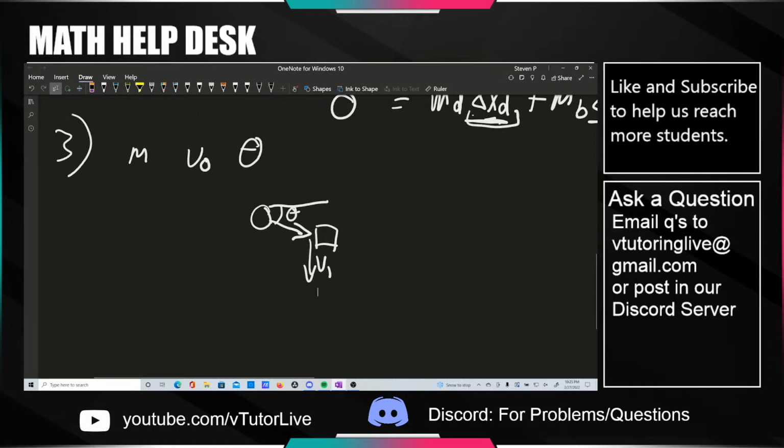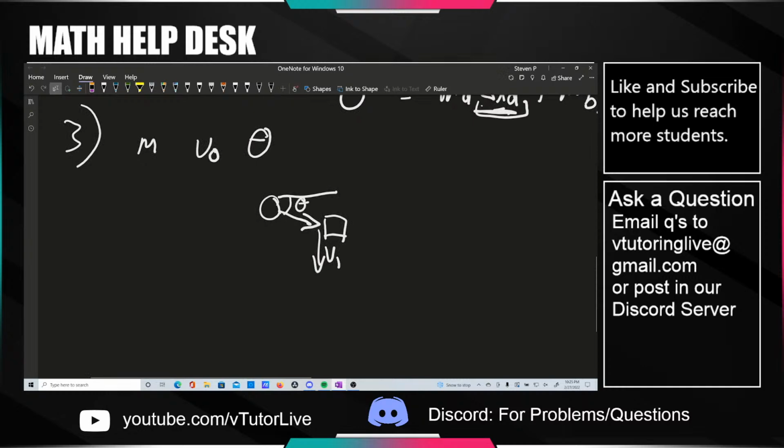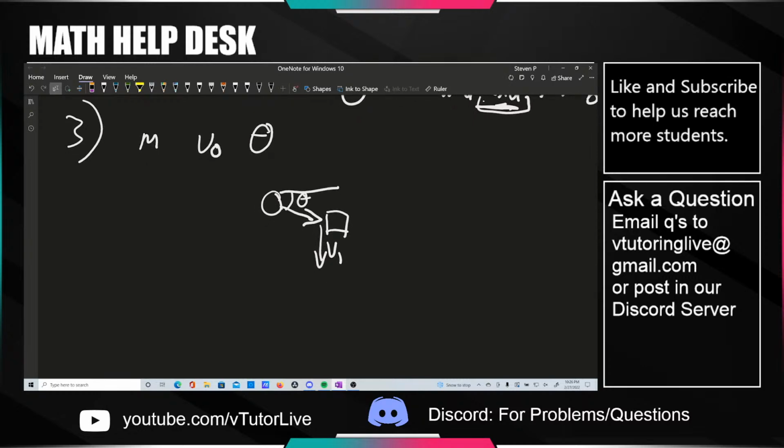So the idea here is that it's really not that complicated of a question mathematically, but I think some students got a little bit mixed up as to what exactly they were trying to find, right? So the change in the momentum vector is basically P final minus P initial, right?